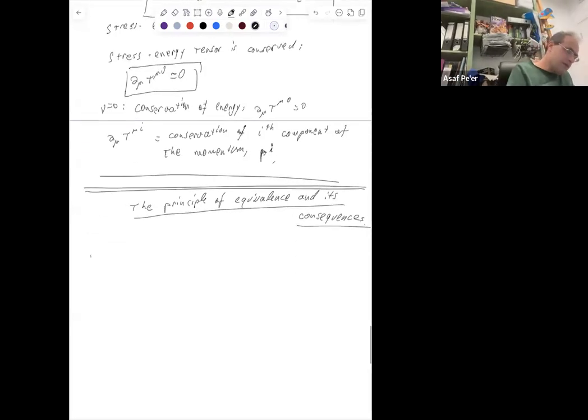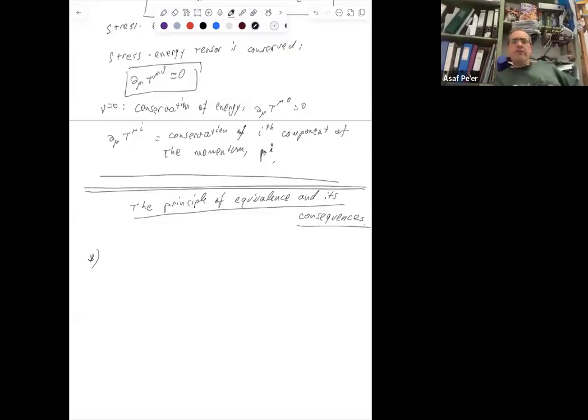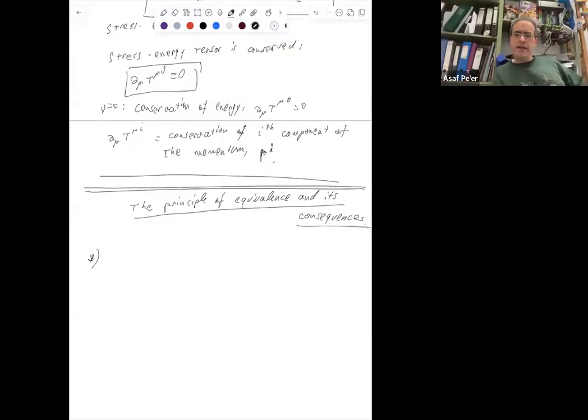So I mentioned in the introductory lecture that the true ingenuity of Einstein was that he gave gravity, which is a physical force, a geometrical interpretation.